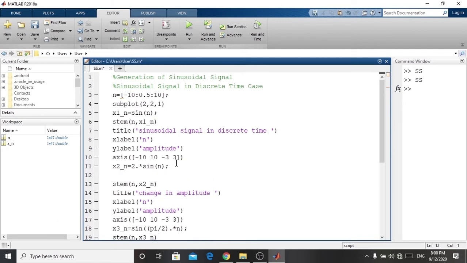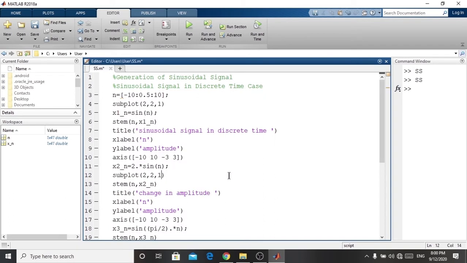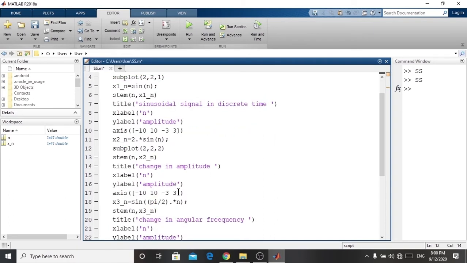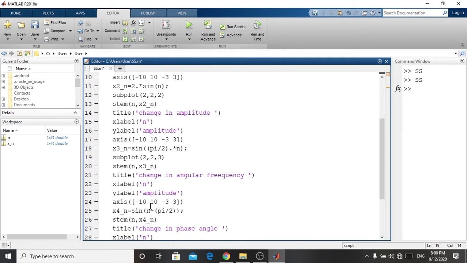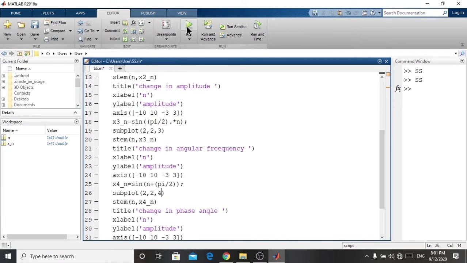Next here, the position is 2. Copy pasting it here, and here the position is 3. Here the position is 4. Now let's run the code and observe how the four graphs will look like.